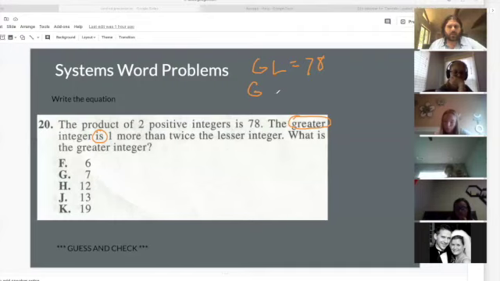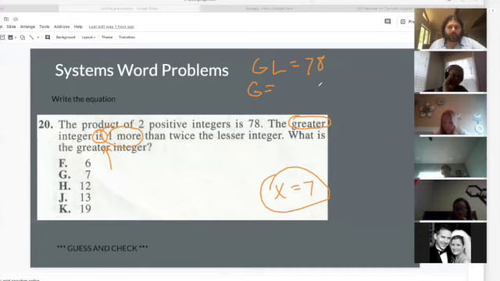What does the is mean? Like when I read this, I can say that X is 7. I can read that as X is 7. So the greater is basically equal to. Equal to one more. What does that sound like? Plus one. Plus 1, kind of at the end, actually, yeah. Times, and twice the lesser. So twice the lesser would just be 2L, right?